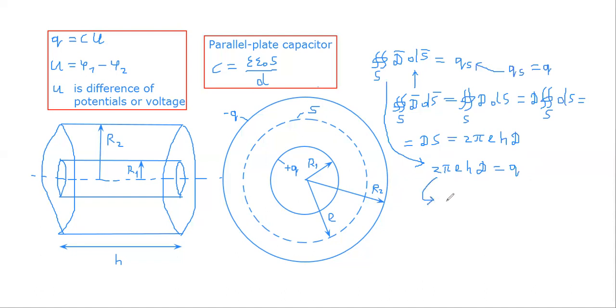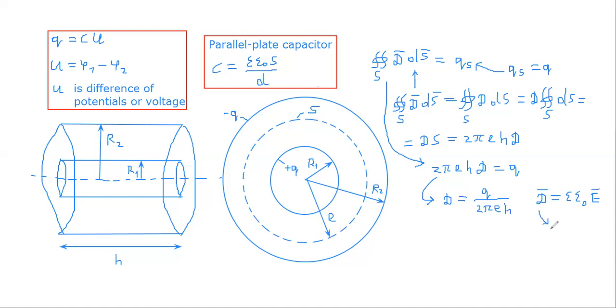The modulus of the electric displacement vector is D equal to Q divided by 2πLH. The electric displacement vector is connected with electric field intensity by a formula.